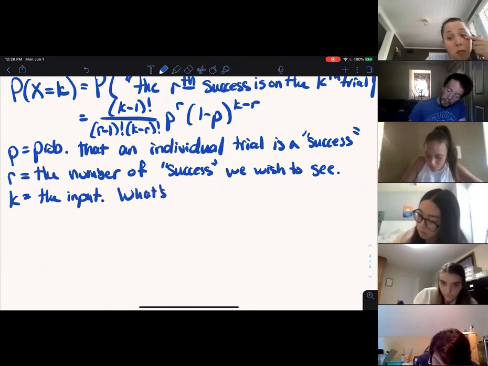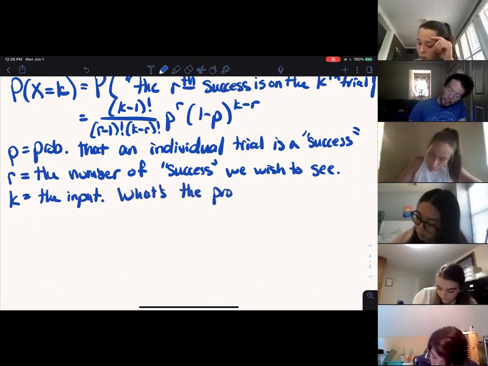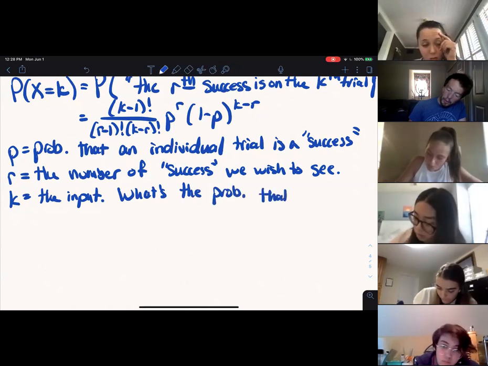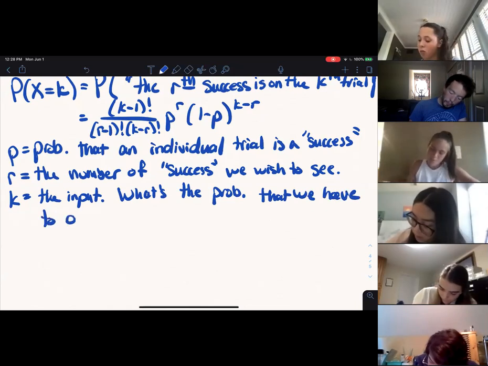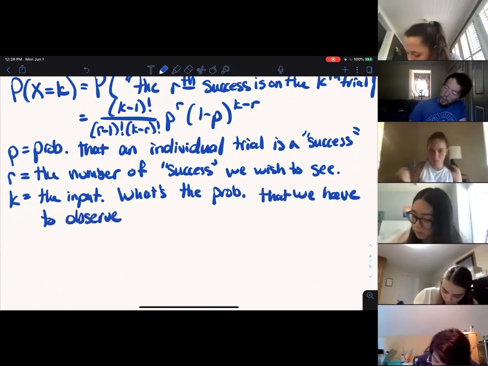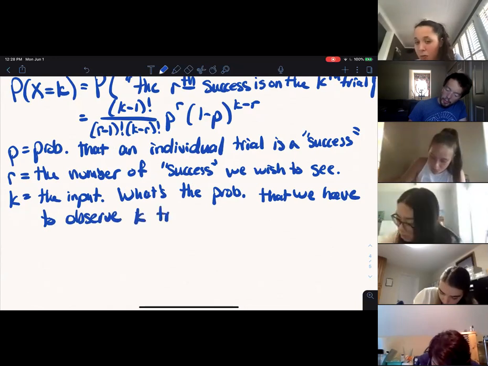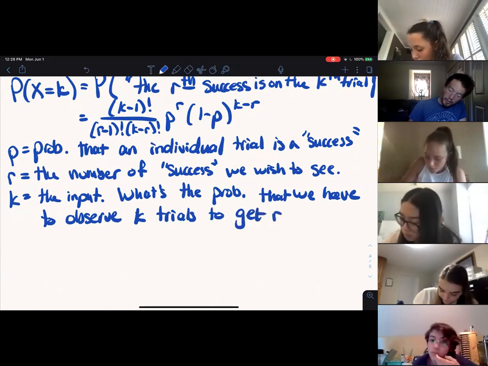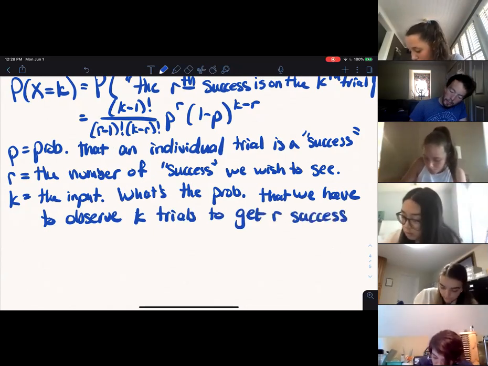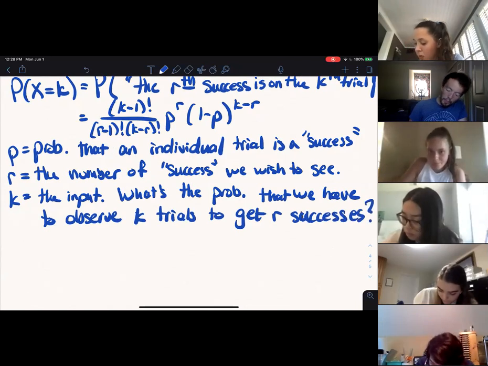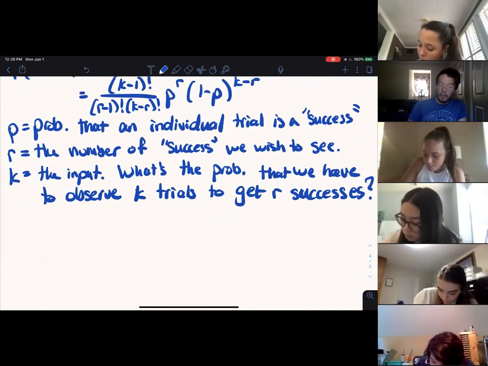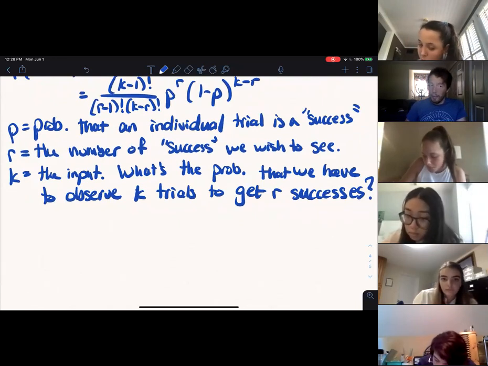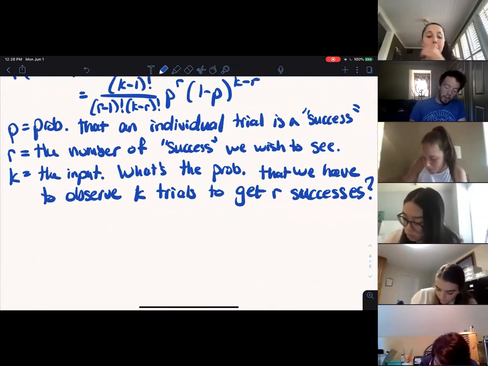What's the probability that we have to observe K trials to get R successes? So if I want to know the probability that it takes me 10 tries before I get my 5th first generation student, then K would be 10.